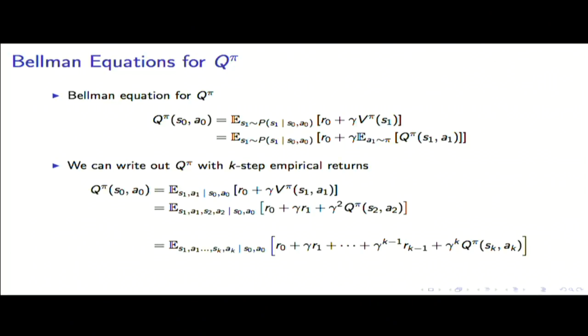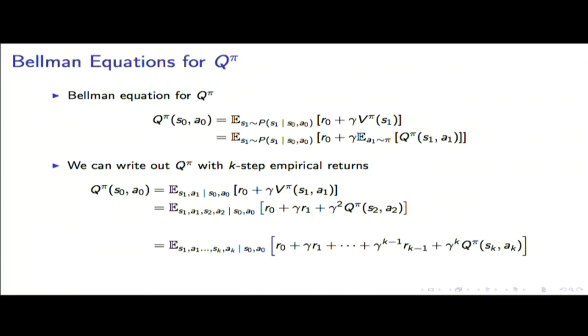So this is the equation that Q pi should satisfy, and the top formula looks one time step into the future, and we can also write it looking k steps into the future. If we take this formula and substitute in the definition of Q again, but starting at S1 and A1, then we expand it out and we get this, which has 2 rewards in it, R0 and R1.